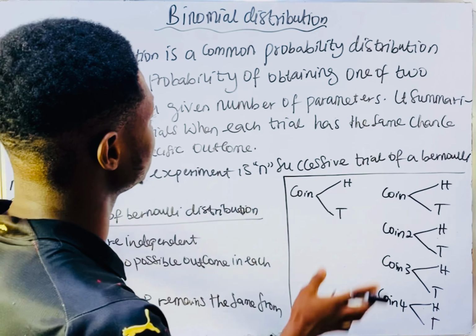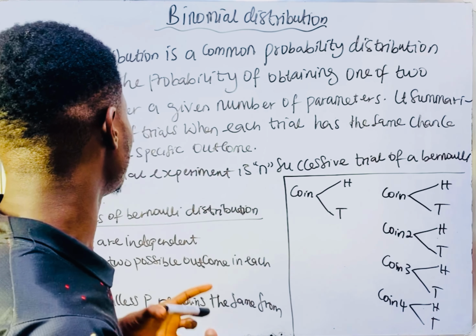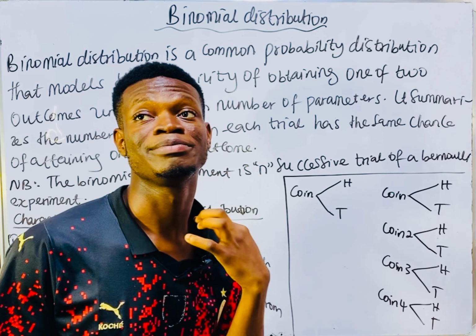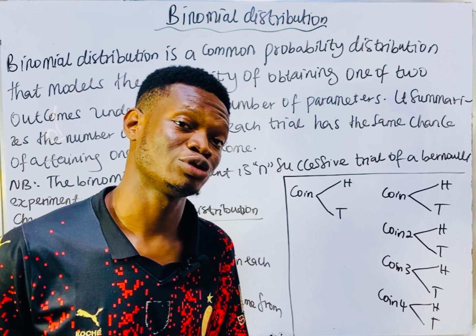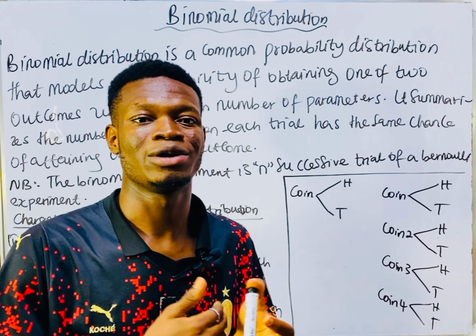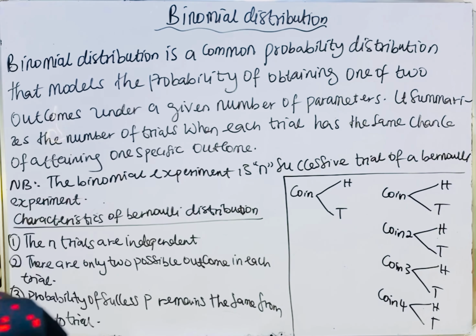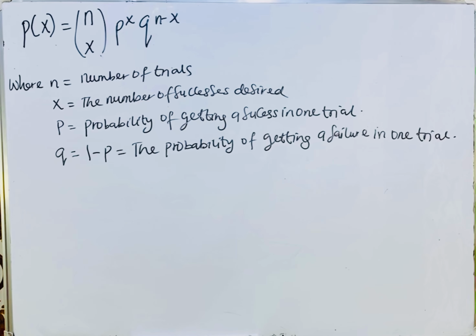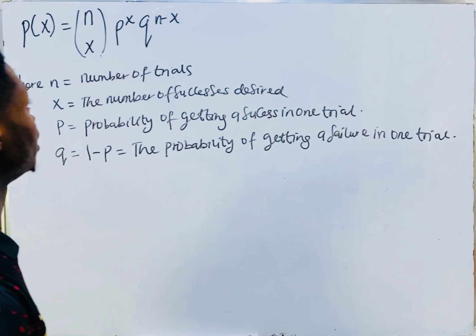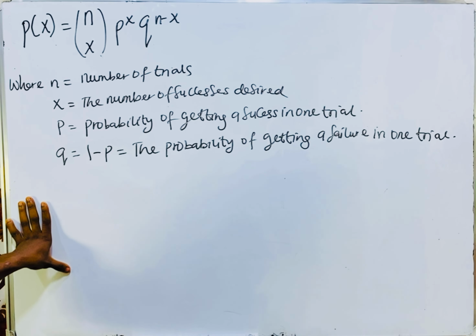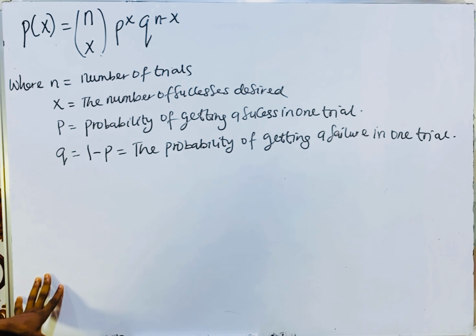So I'm going to clean this board, and we are going to talk about the formula for the PMF, probability mass function, for binomial distribution, and we talk about the mean, the variance, and the standard deviation. So this is the PMF of our binomial distribution.